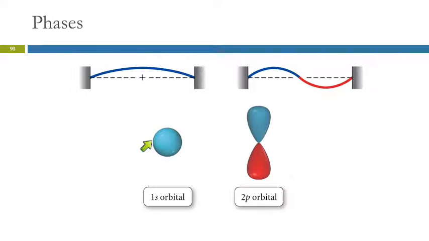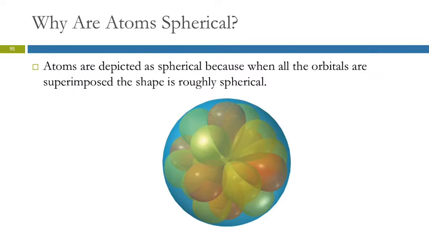The s orbital can only have one phase. The p orbital can be up or it can be down. So this p orbital, one side is positive and one side is negative. And then when one of these interacts with another one, they can be interacting positively or negatively.